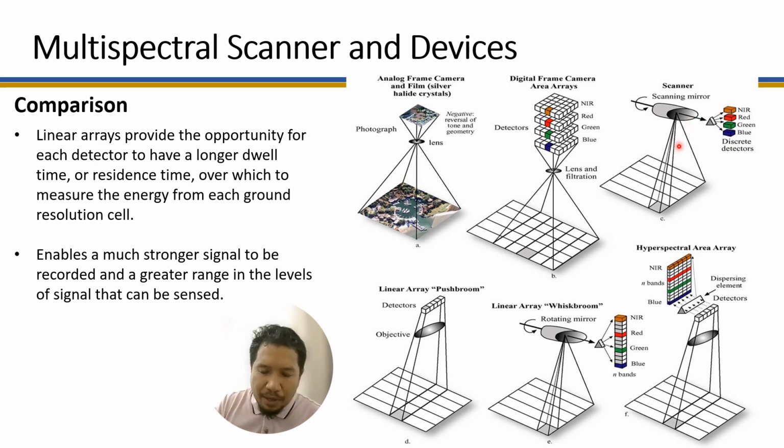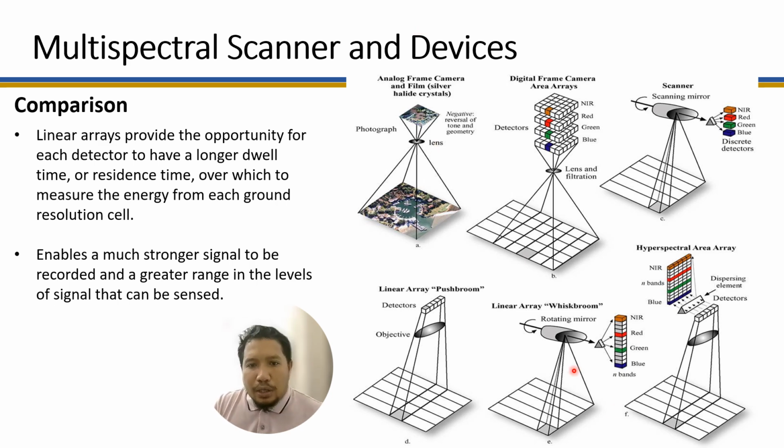The reflected light passes through filters to detectors that record the data in separate bands such as NIR, red, green, and blue. So this method allows for wide coverage, but because it captures the scene over time, it might introduce some distortions and time-lapse effects because of the rotating scanning mirror too.